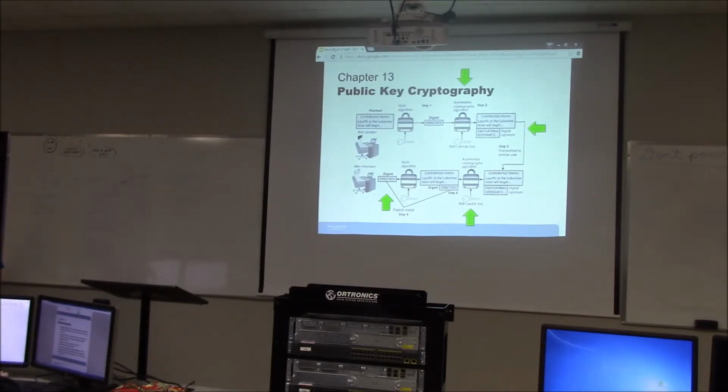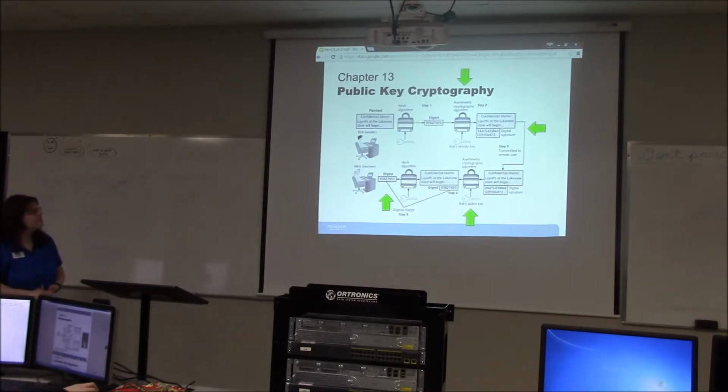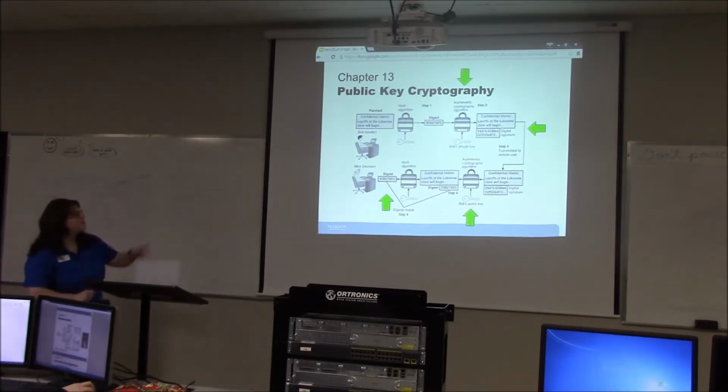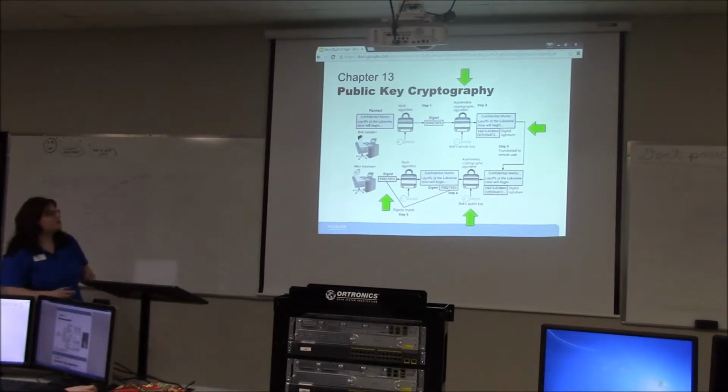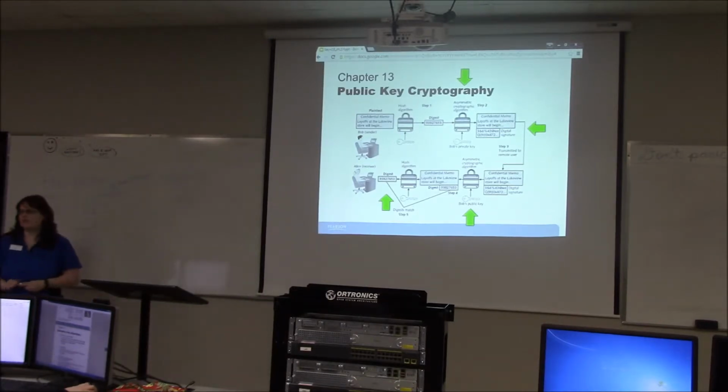If she can't decrypt it, like her key doesn't work, for instance, she knows it didn't really come from Bob. So that's the signature part, the verification of the sender. The memo is hashed to ensure integrity. We'll talk about hashing in a minute. But if the digest doesn't match, she knows the message was changed since he last signed it. But in this case, the digest matches, so we know that it really did come from Bob.